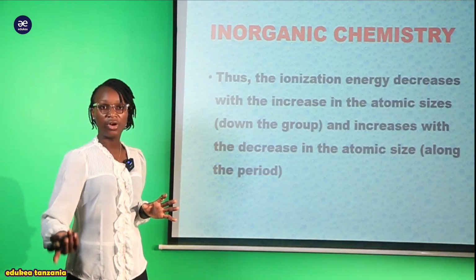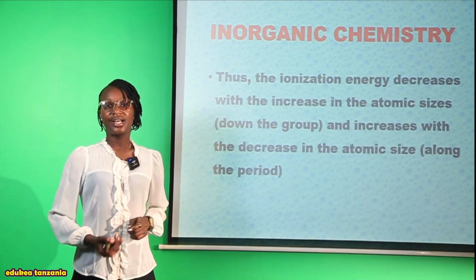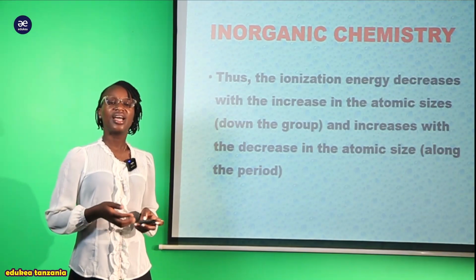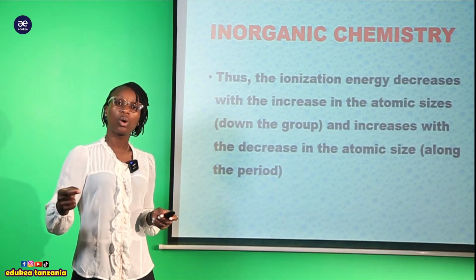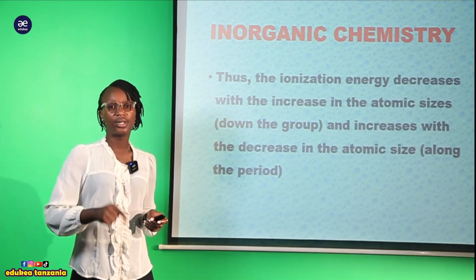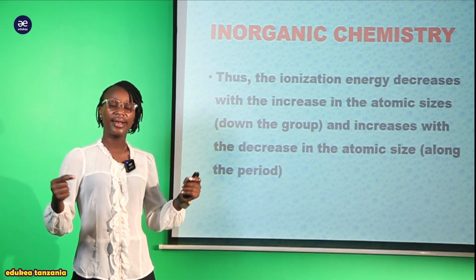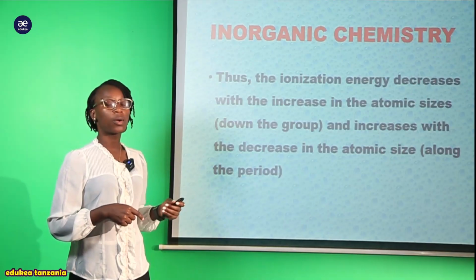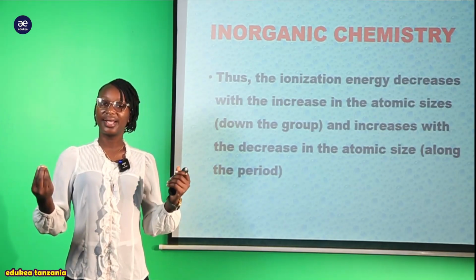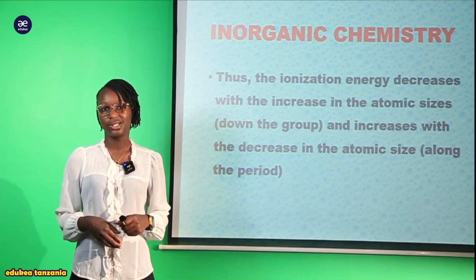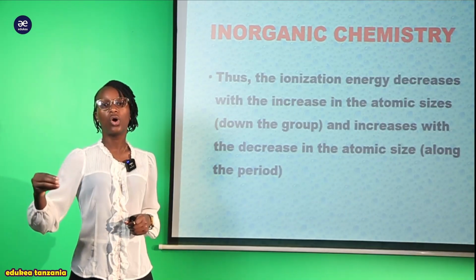Kumbuka tunavyoangalia across the period itakuwa na shell hii moja. Sasa ile shell moja kiasi kwamba electrons zote zitakuwa zina urahisi wa kuwa holded toward the nuclear. Kama zitakuwa holded closer to the nuclear, therefore utaona kwamba zitakuwa experience ile strong nuclear charge au ile strong force of attraction.